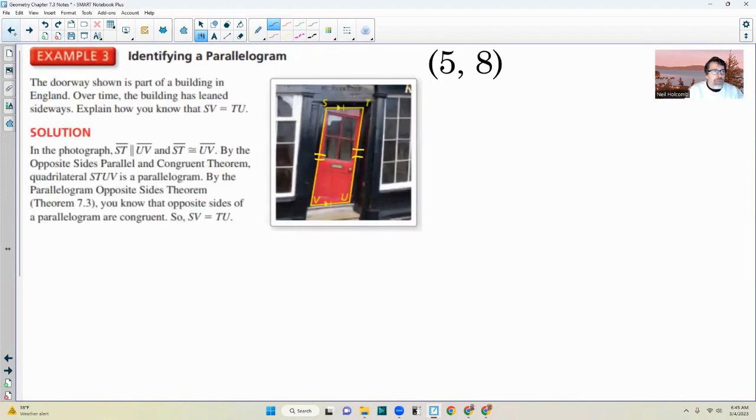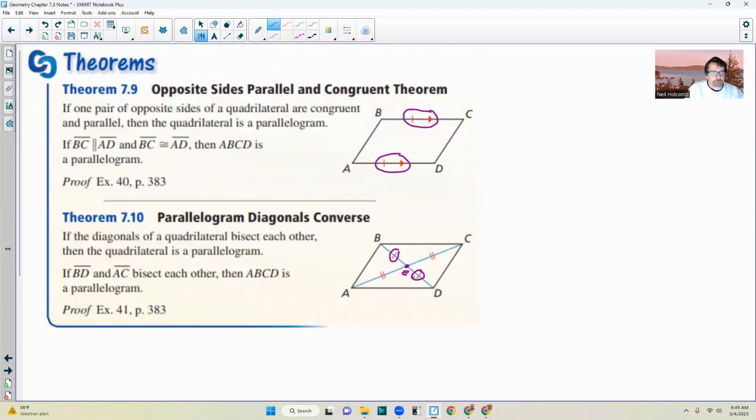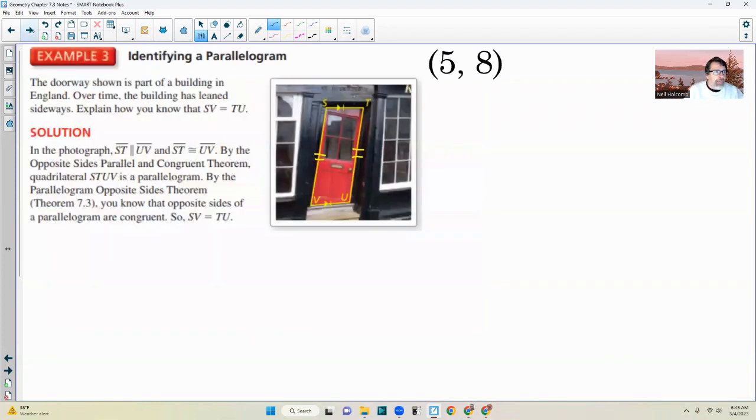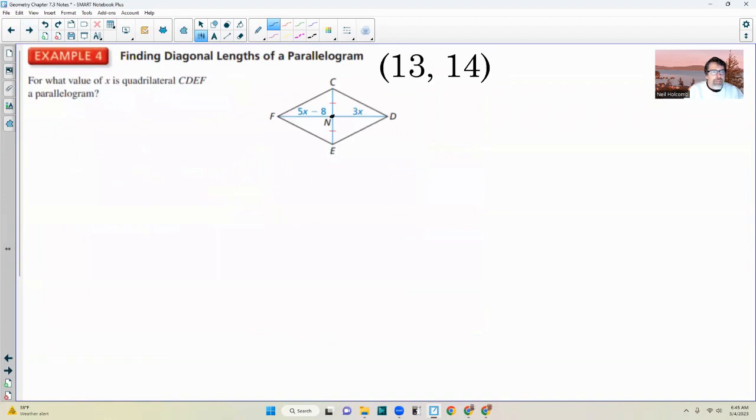So if we go back to slides here, what they're talking about is the parallelogram diagonals converse. So if two diagonals intersect, then each is bisected. So that's what they're talking about. If CE and FD intersect at the midpoints of each side, then this is a parallelogram.